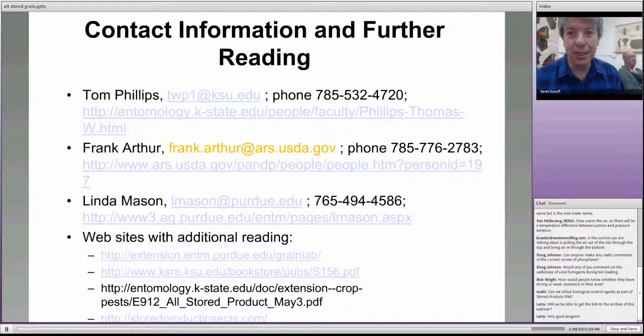We don't promote it. And the reason is a little bit of common sense, unless it's a really dirty bin. If you do everything like we said up to that point, you've cleaned the bin, you removed all the insects from the bin, you are adding grain that doesn't have stored product insects. Now some people say, oh yeah, this will come in from the field.